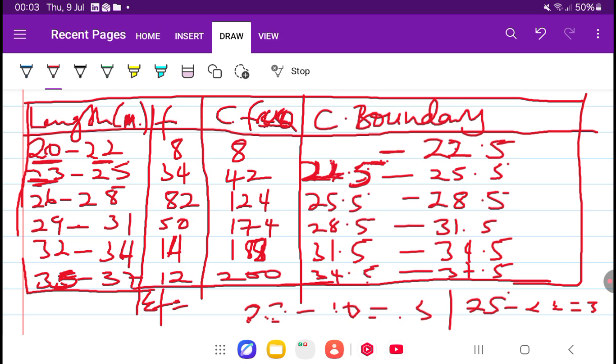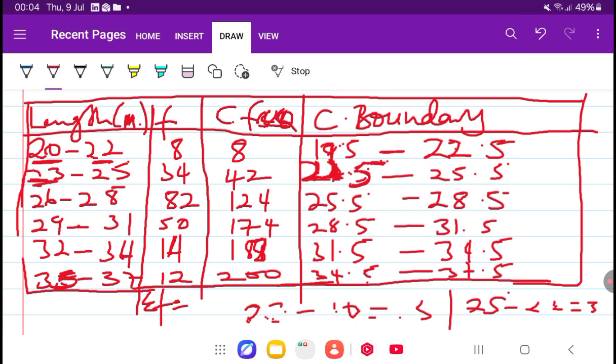Now on this other one, you just get this 22.5 minus 3, which is the class interval. It will give you 19.5. So whatever side you take, 19.5.